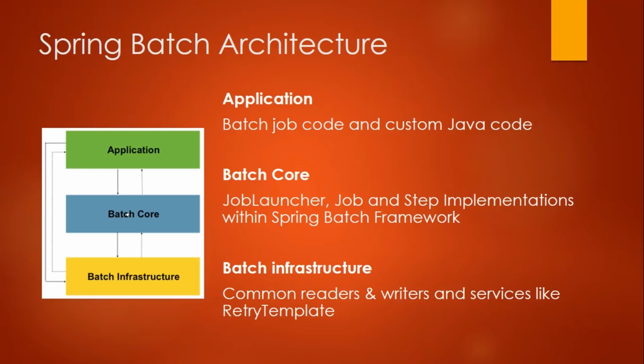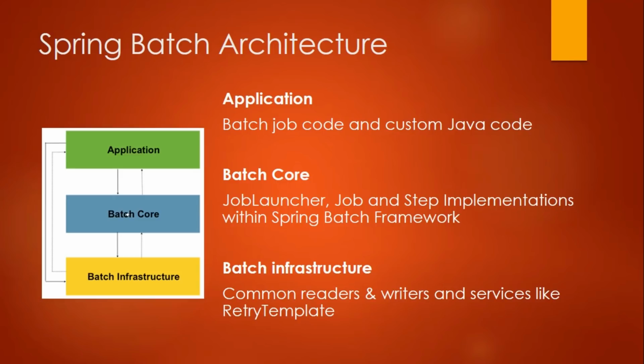Okay, so once again let us quickly go through what is application, batch core, and batch infrastructure. Application is nothing but your Java code where you put all your business logic, everything. And batch core is Spring Batch provided implementations for handling your batch job execution.